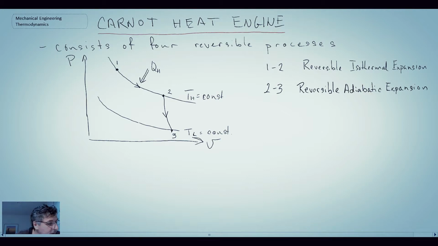The next step that we have is an isothermal compression process taking us from state 3 up to state 4. Now, if you recall, when we talked about compressing a gas, the gas usually gets hotter, and if we want to have this as being isothermal, so we're saying reversible isothermal compression.